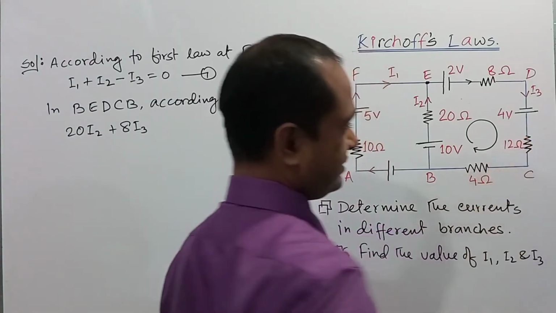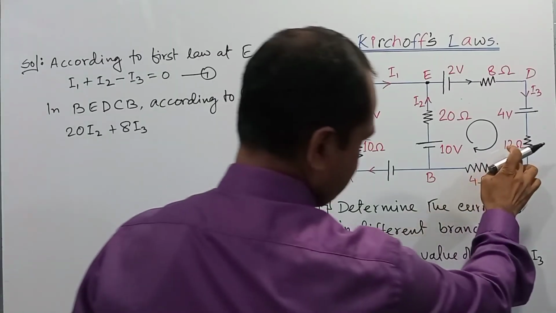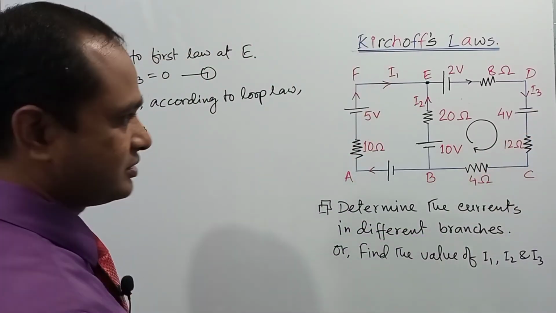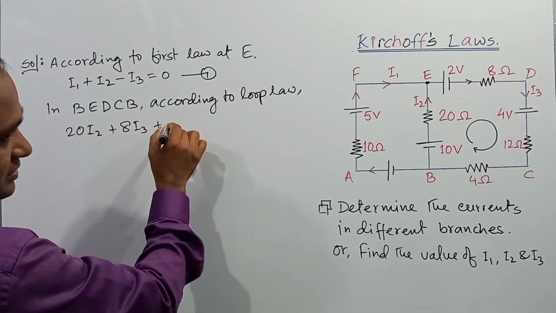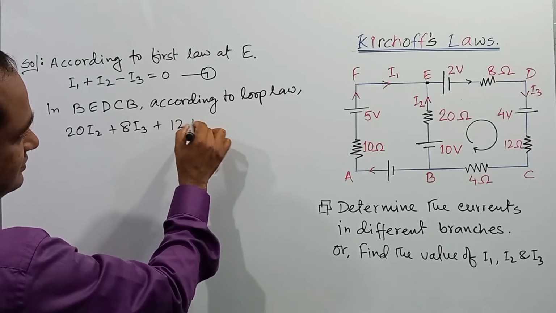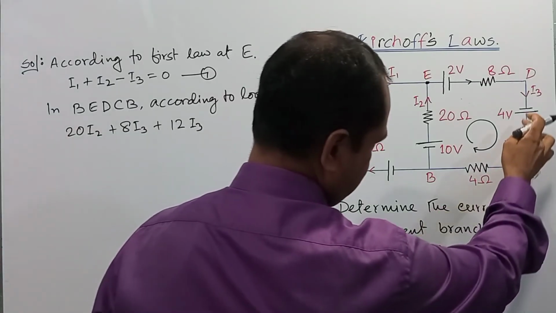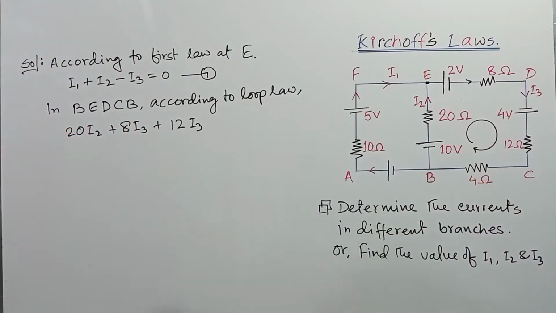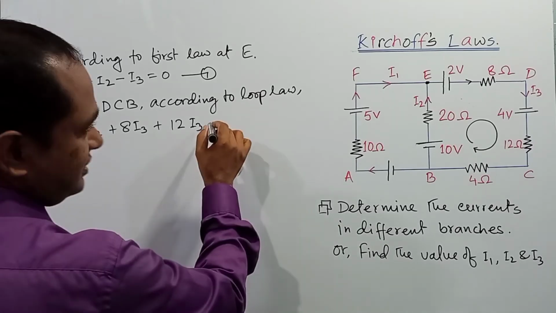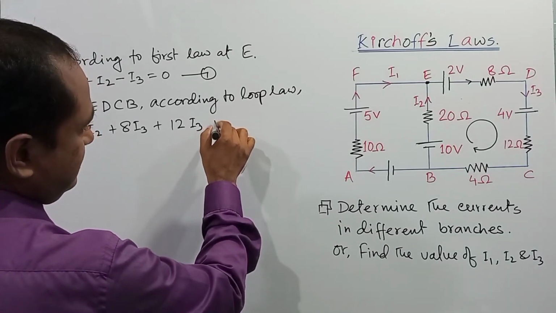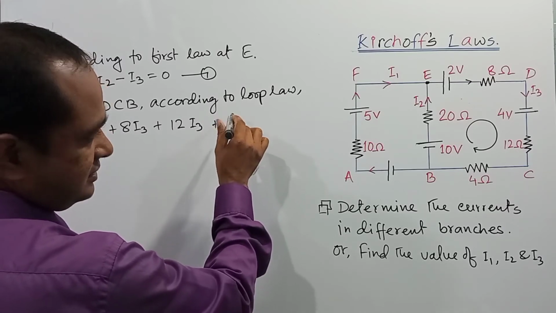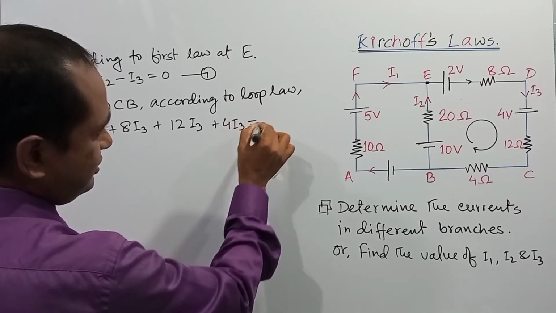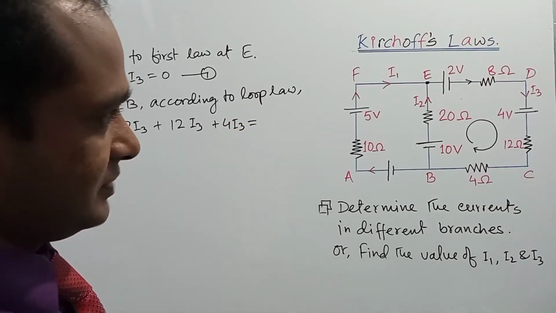Then through the 12 ohm resistance the current is also clockwise, so positive, 12 I3. And lastly, the same current I3 passes through the 4 ohm resistance, so 4 I3 will be equal to the algebraic sum of the electromotive force.